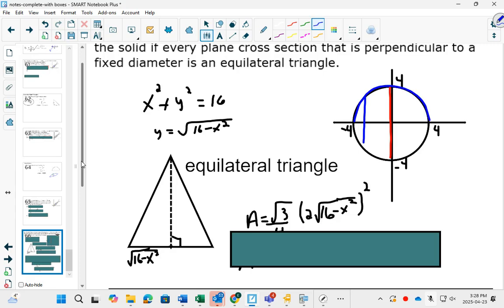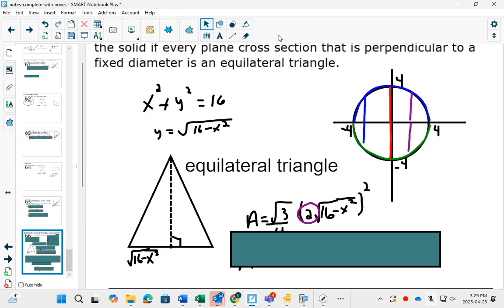The minus part would be the green part, this part. And so when I figure out this y value, that y value goes from here to here, because I've only done the positive part. I would need 2 of them to get my base. So I sort of got it in this picture here, showing 1 of those. I would need 2 of them, that's why there's this 2 outside in front.